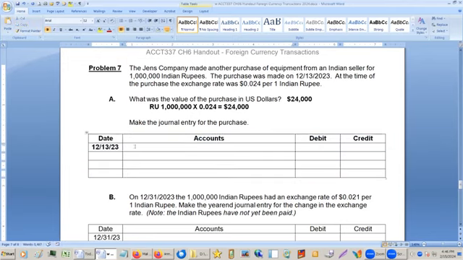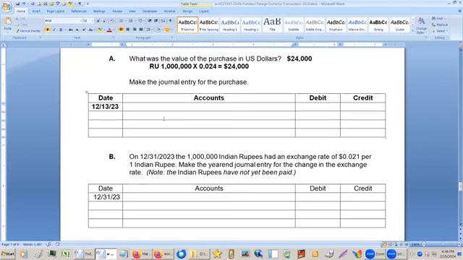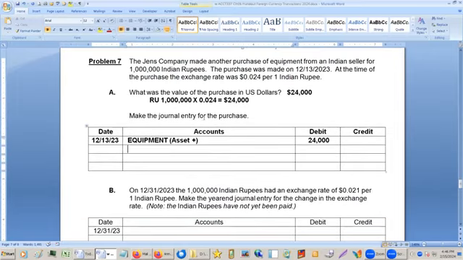Okay, so more equipment. Equipment is asset going up, 24,000. And we owe them.